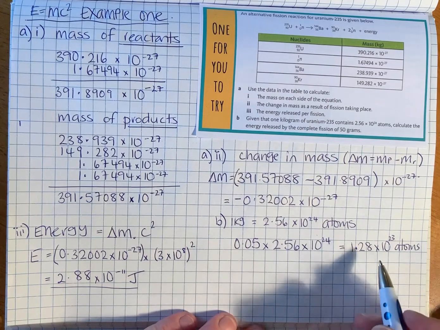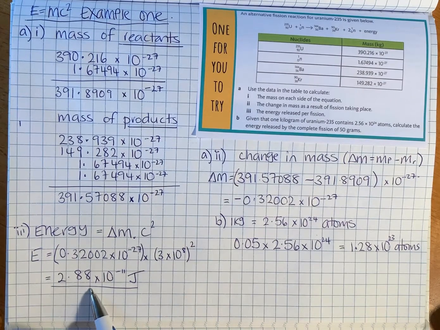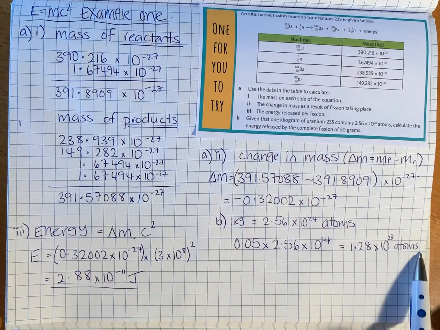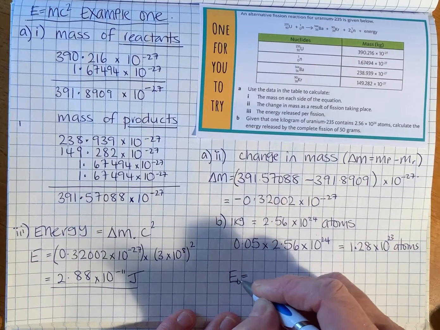And then each uranium nucleus releases 2.88 times 10 to the minus 11 joules of energy. So if each nuclide releases that much energy and we have that many nuclides, then we multiply them all together to get the total energy.